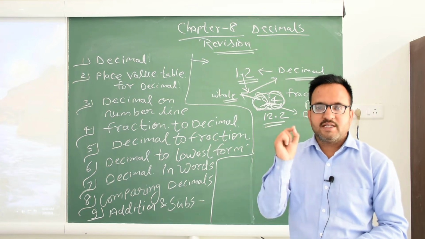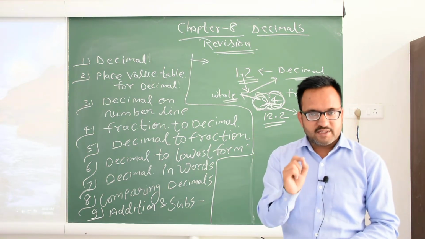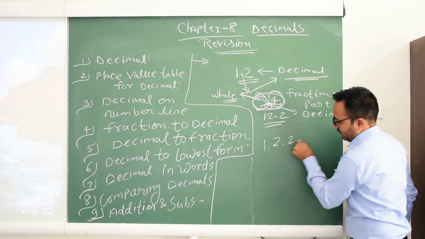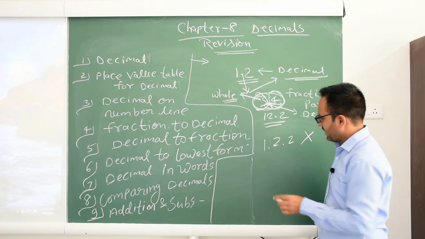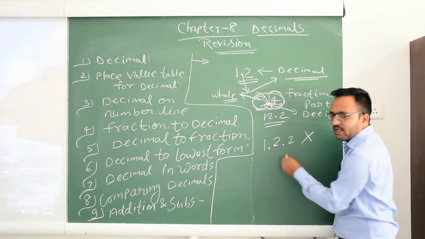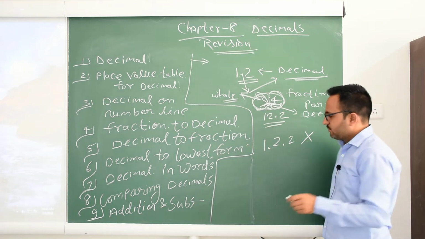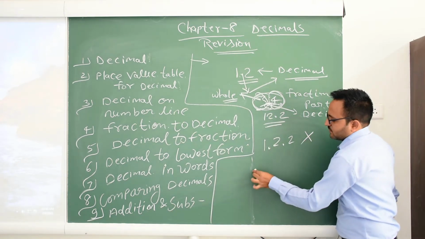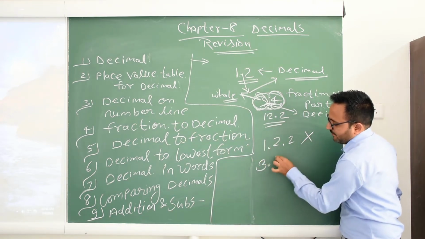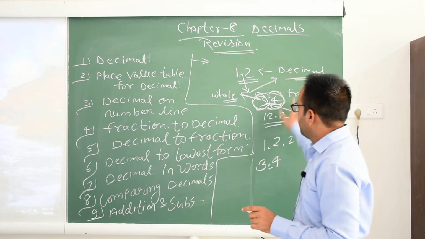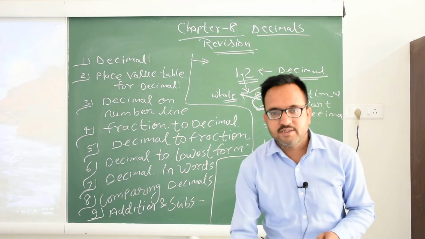We use only a single decimal point in a particular number, not more than one. Something like 1.2.2 is wrong. So we consider only one decimal point. This is the basics of decimal numbers.